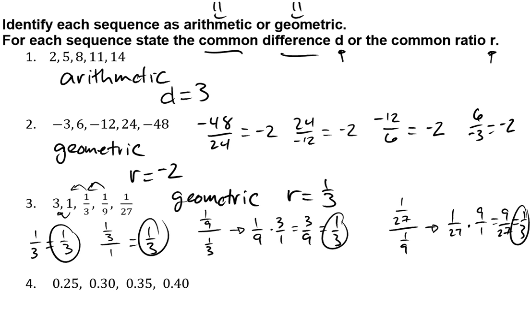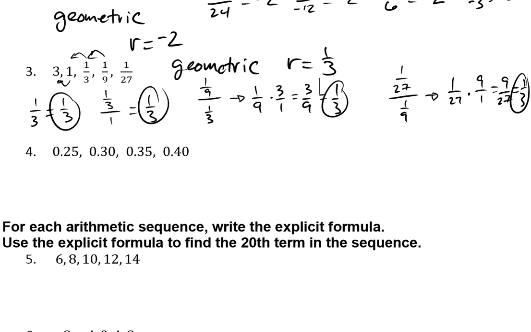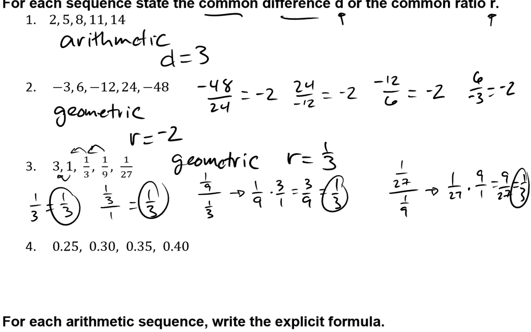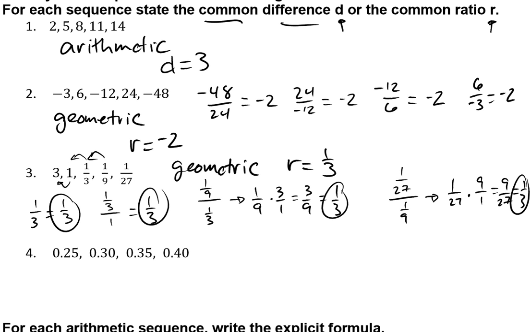Last question I have here, again, same thing. Is it geometric or is it arithmetic? If I look at this, I can see that this is increased by 0.5, this is increased by 0.5, this one's increased by 0.5.